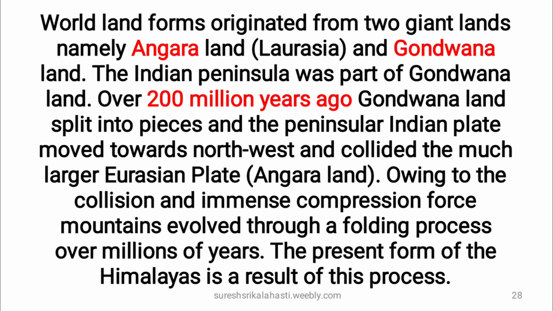So in the northern side, the land is known as Angara or Laurasia, and the southern part is known as Gondwana. See here, this is Pangaea. This Pangaea moved like this.